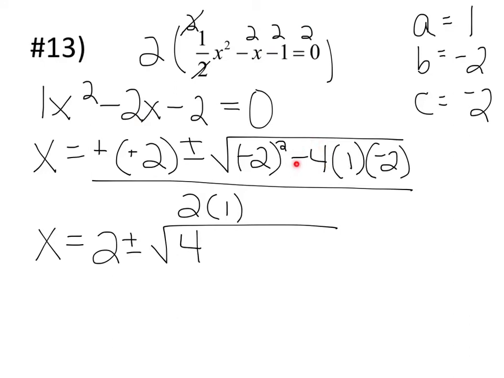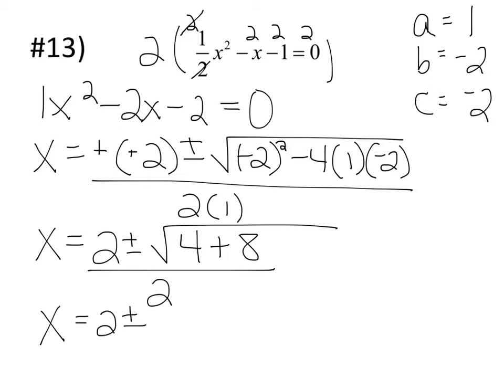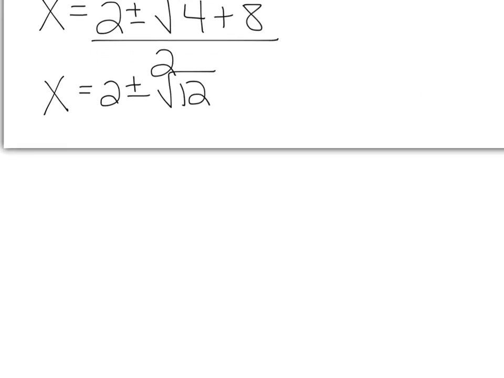Here we have -4 times 1 times -2. -4 times 1 is -4, times -2 is +8. All over 2 times 1 is 2. Then you have x equals 2 plus or minus the square root of 12 all over 2.